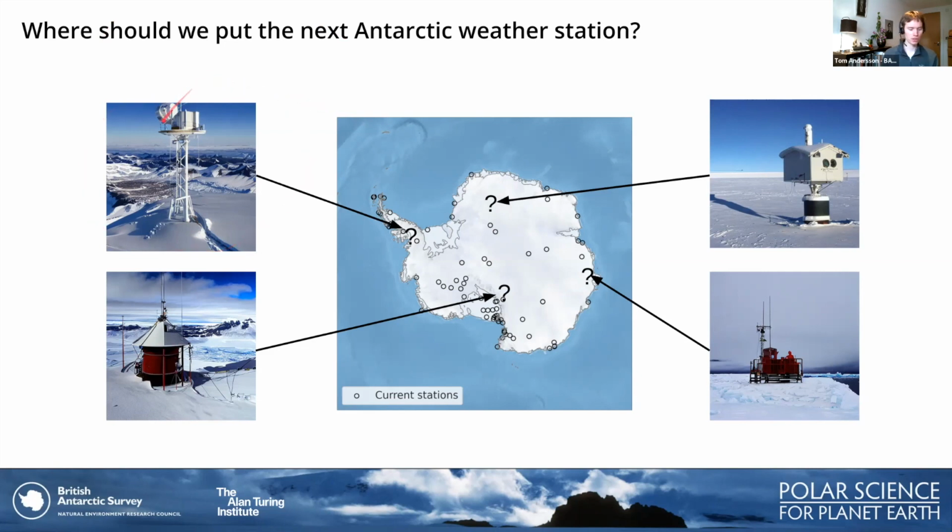Should we put a station over here on the Antarctic Peninsula? Should we put one by the Transantarctic Mountains over here near the South Pole? Should we put one over here, kind of near the British Antarctic Survey Halley base, a bit more inland? Or how about over here, more on the Australian side, right on the coastline?